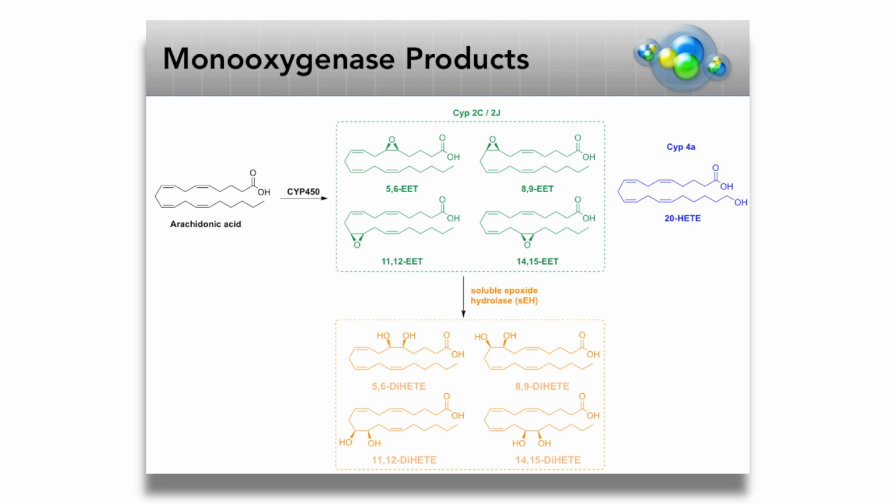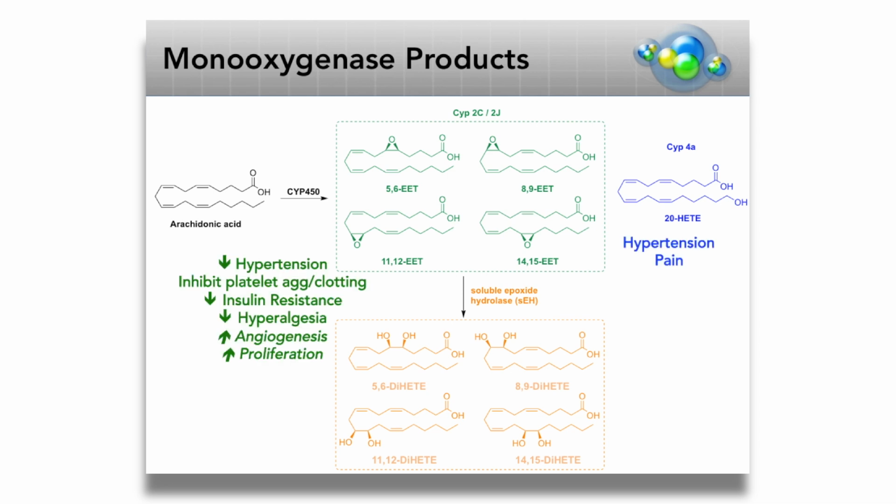Receptors for these molecules have not yet been identified, unlike prostaglandins and leukotrienes, but these molecules do exert potent biological activities. 20-HETE, for example, is involved in hypertension and the pain response. The EETs have been shown to decrease hypertension as well as insulin resistance.